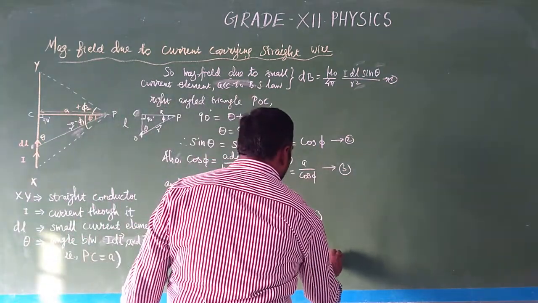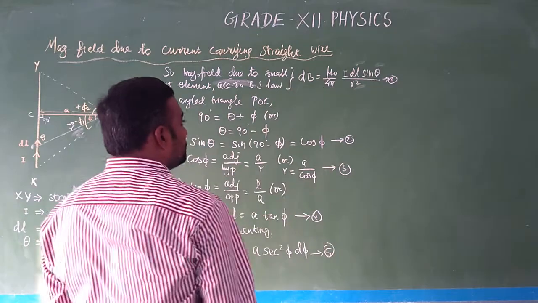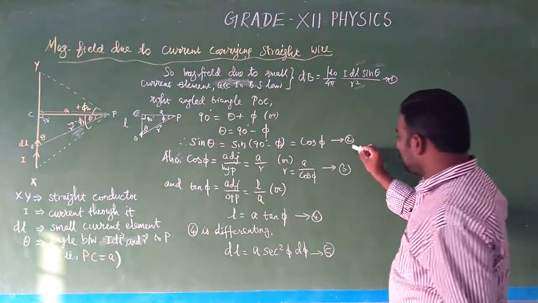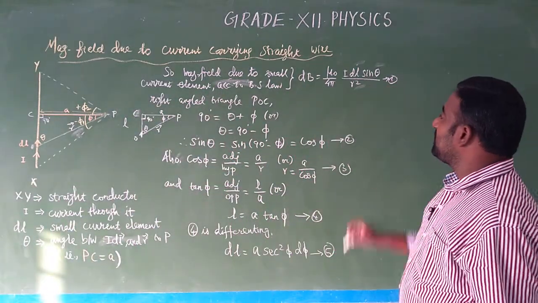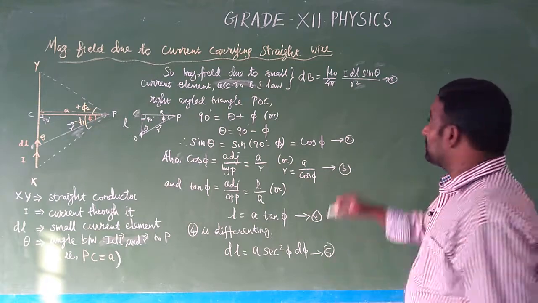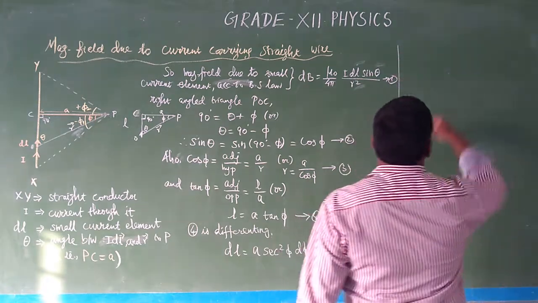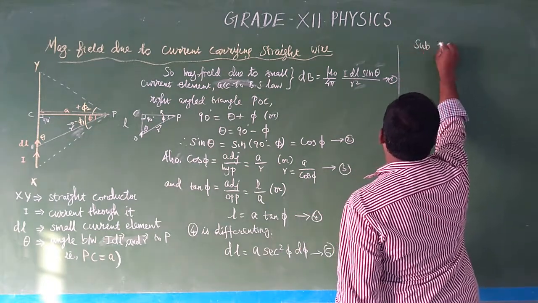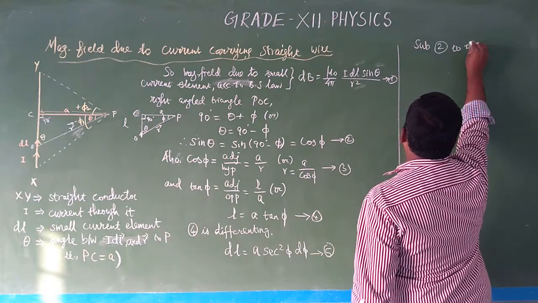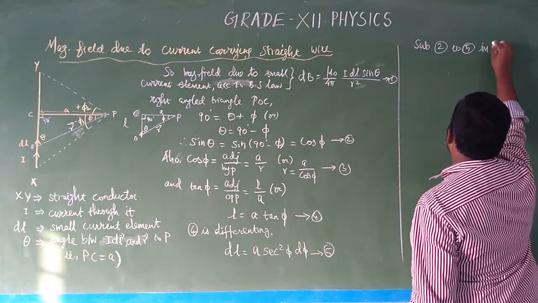This is 5. Okay, substitute all these equations 2, 3, 4 and 5 in this main equation, that is Biot-Savart law. Substitute 2 to 5 in 1.